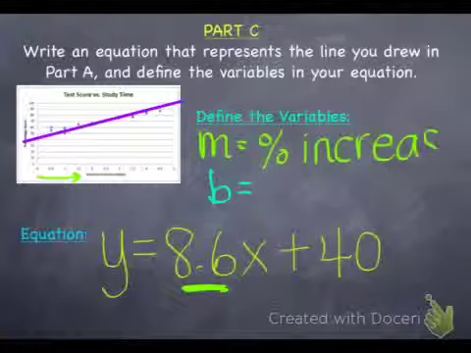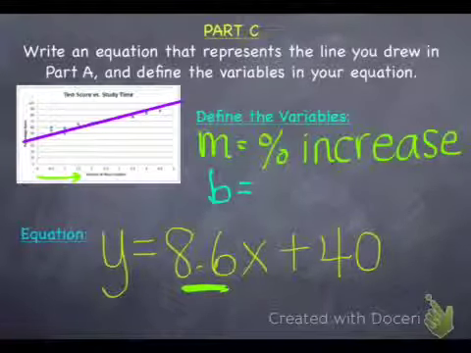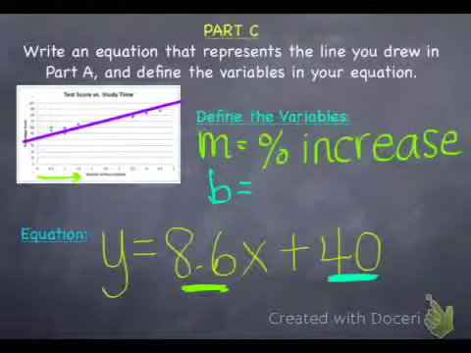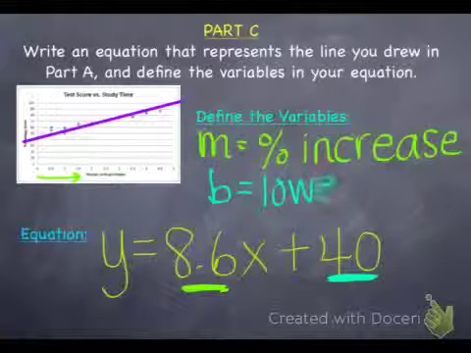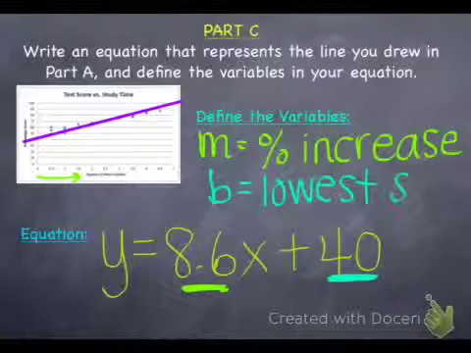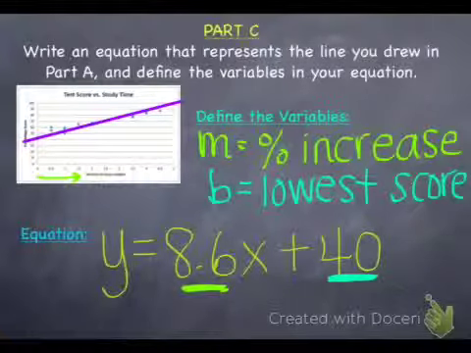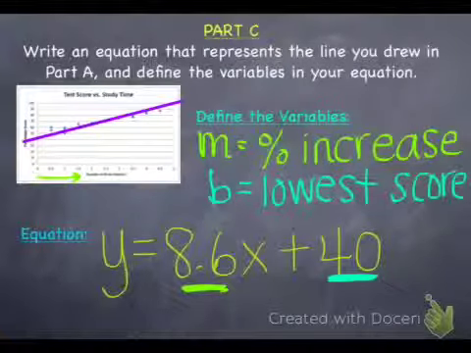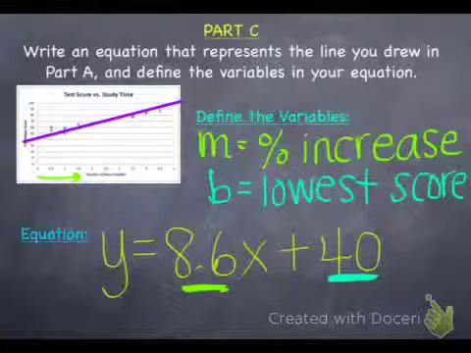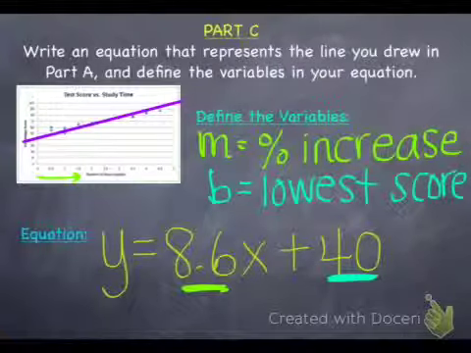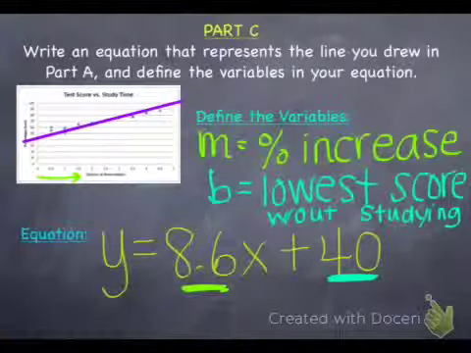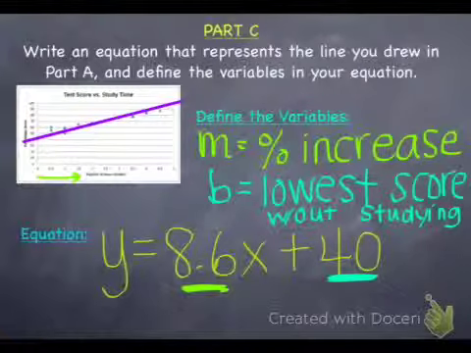And then our B, the value of where we cross the axis, is going to be representing our absolute lowest test score value if we didn't study at all. Lowest score possible without studying. So even a person who has just been in class, didn't do any studying, should be able to come in and at least get a 40 without doing any studying. And that is what it means to define the variables.